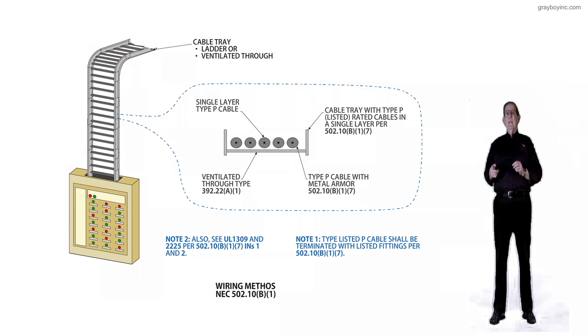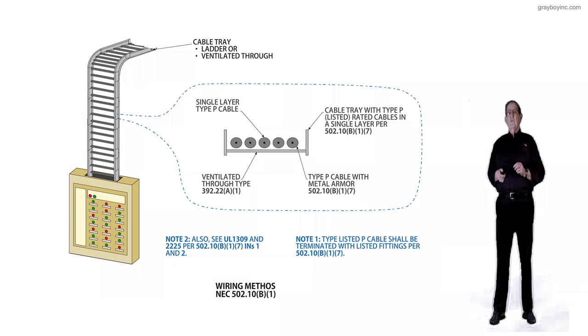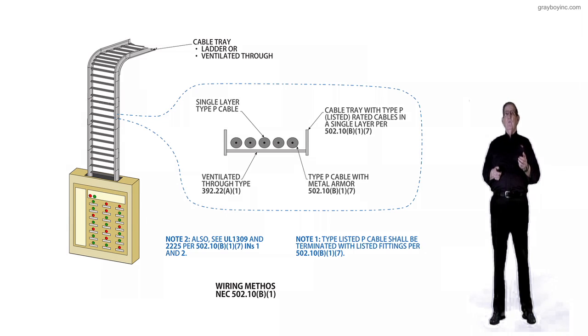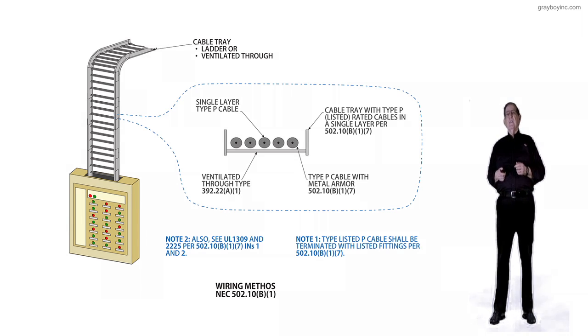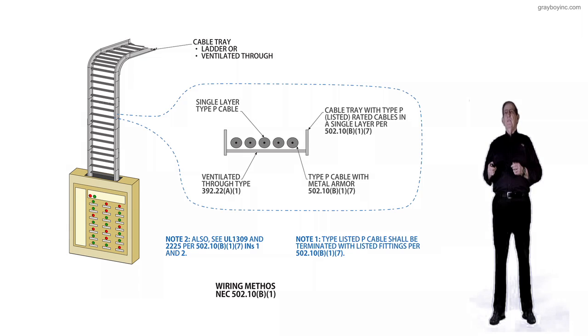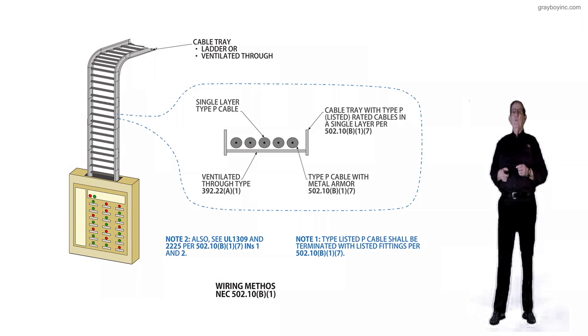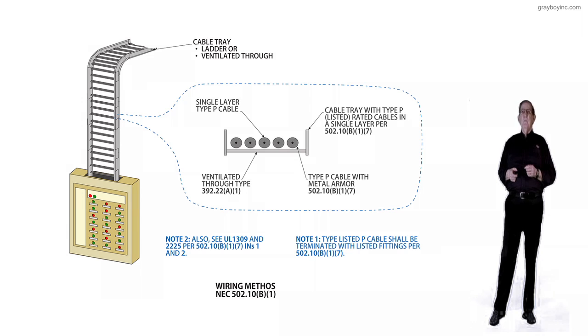And secondly, right above that callout, we have the arrow pointed toward the cable tray and containing the conductors. And notice the cable tray consists of type P listed rated cables in a single layer per 502.10(B)(1), item number 7.